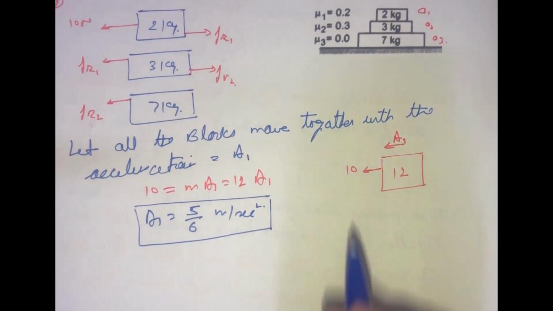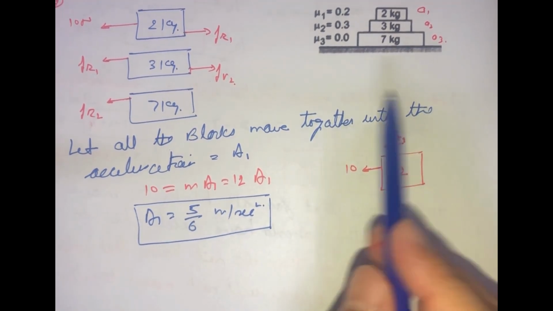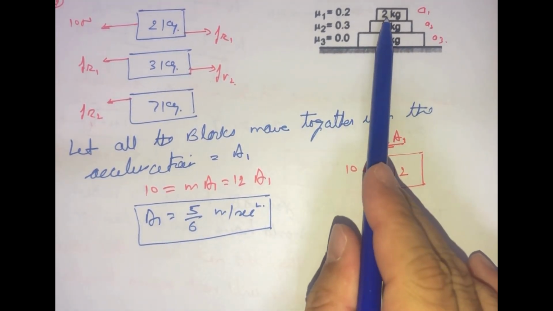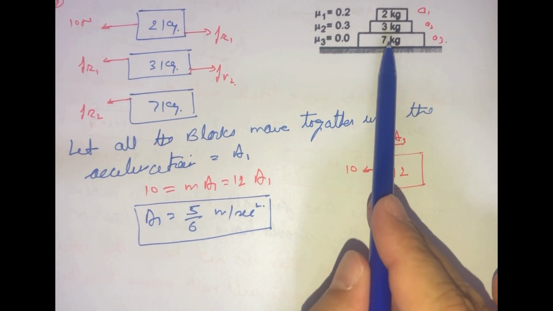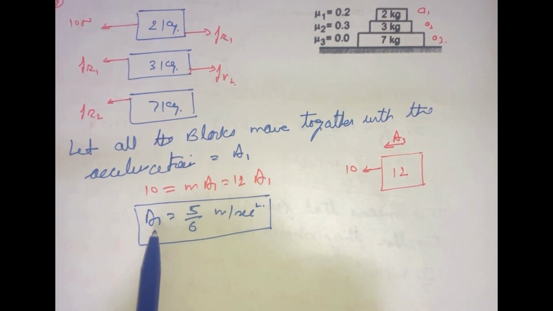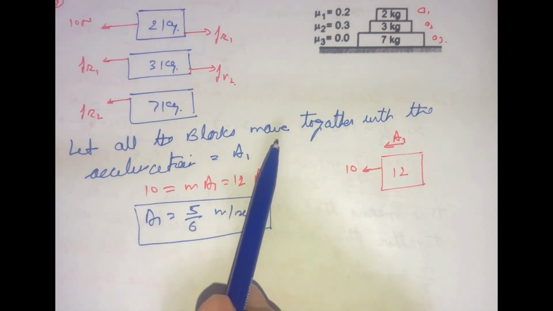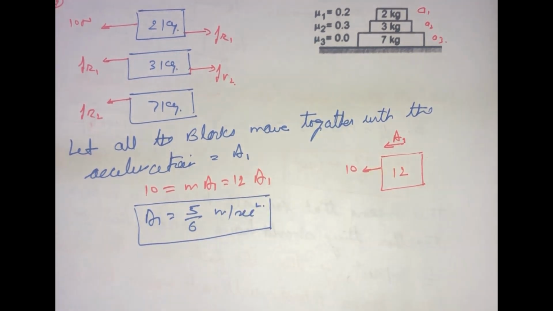So it means all the individual blocks 2 kg, 3 kg as well as 7 kg should be traveling with the acceleration of 5/6 meter per second square if they have to move together.